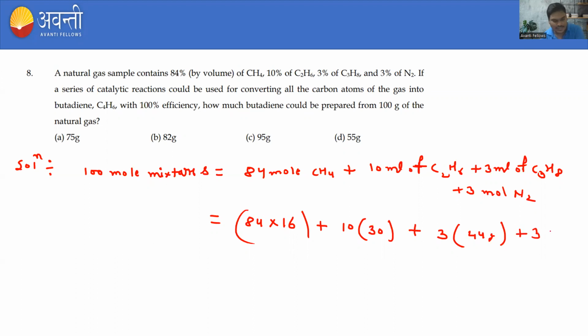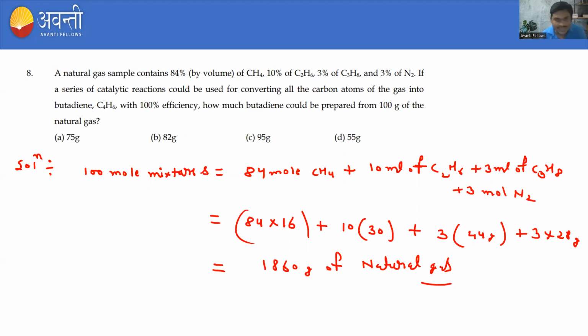And this is 3 into 28 gram. On solving, you get 1860 gram of natural gas. So this is the amount of natural gas we have.